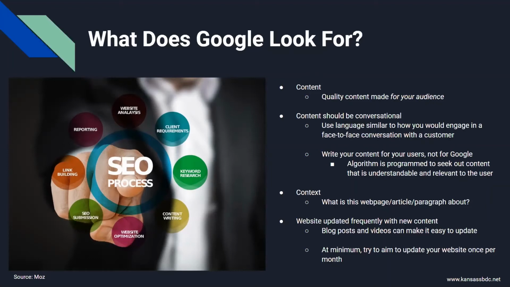You're writing your content for your users, not for Google, not for the algorithm. The algorithm is actually programmed to seek out content that is understandable and relevant to the user. So Google has actually trained its algorithm to seek out content that is seen more in a conversational manner, because Google and their algorithm understand that that's how people digest information the easiest.